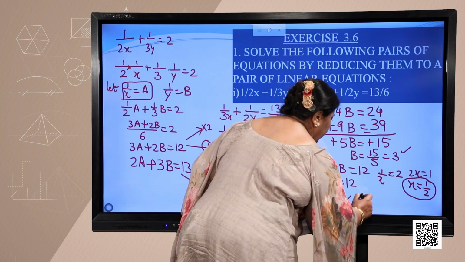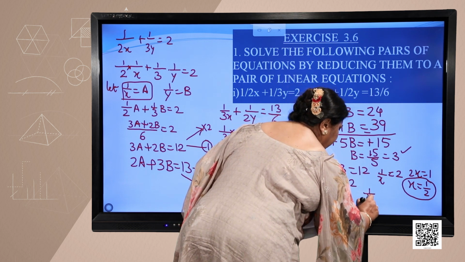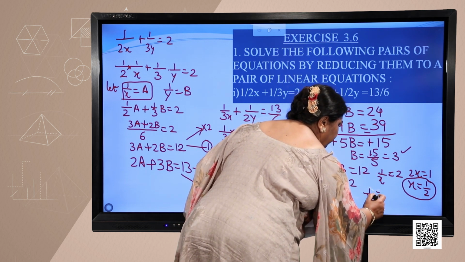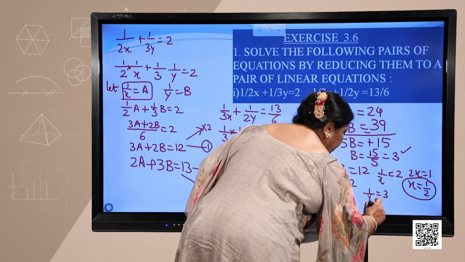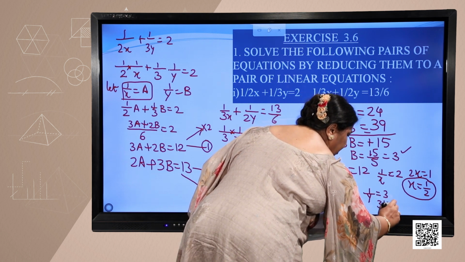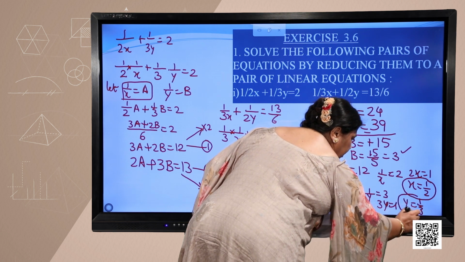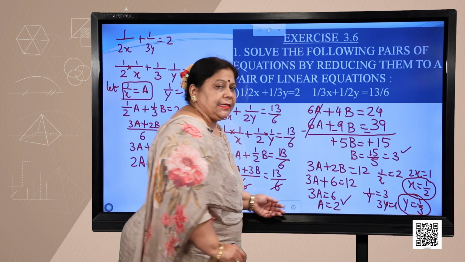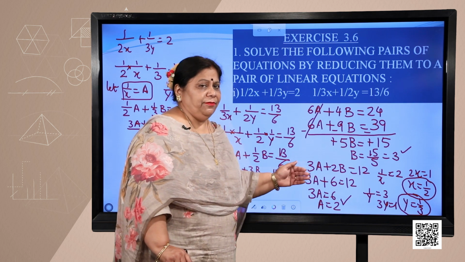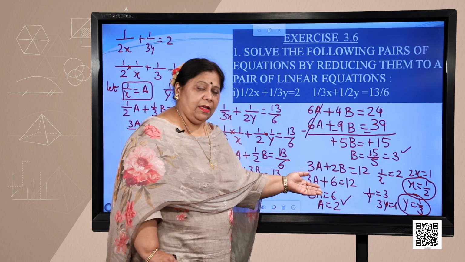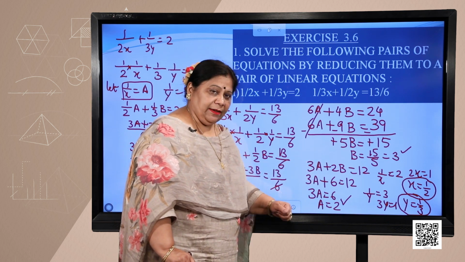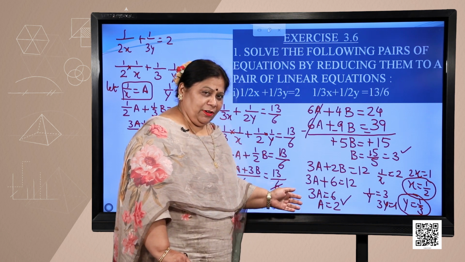Likewise, for b, I had taken 1 upon y as b. So, 1 upon y is equal to 3. That gives me 3y is equal to 1 or y is equal to 1 upon 3. In this way we can solve the equations and get the values of x and y. x is 1 upon 2 here and y is equal to 1 upon 3. I hope you have followed.